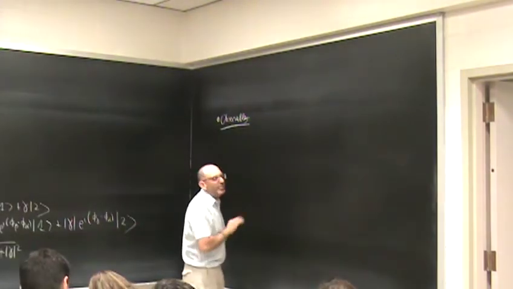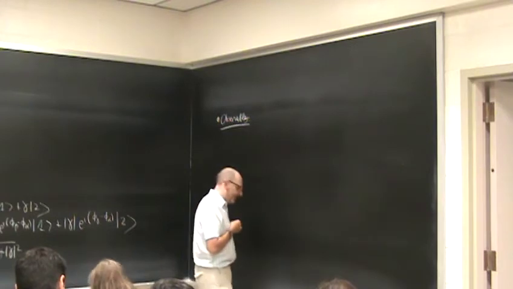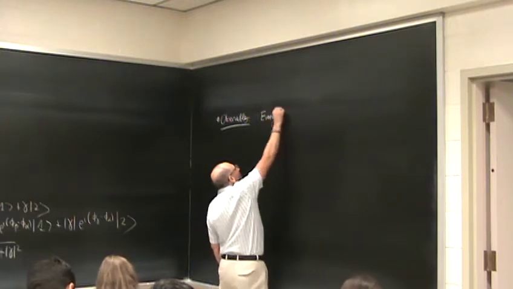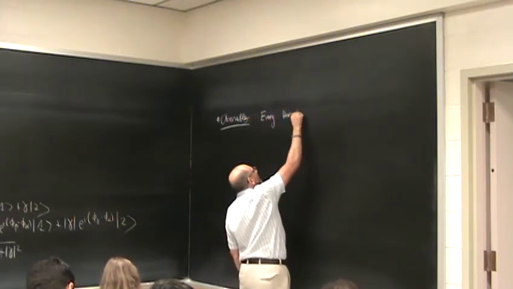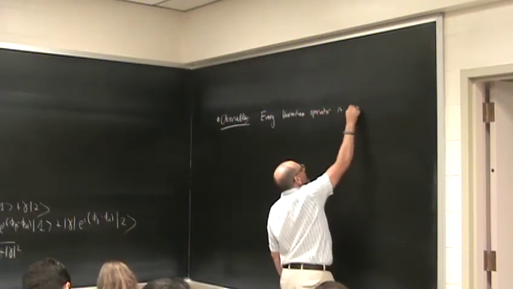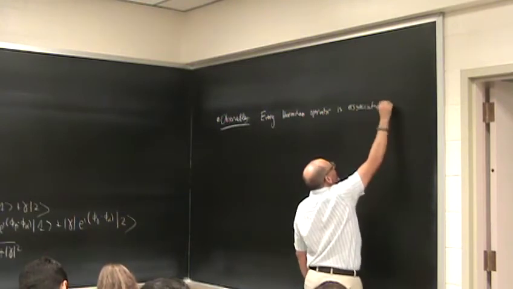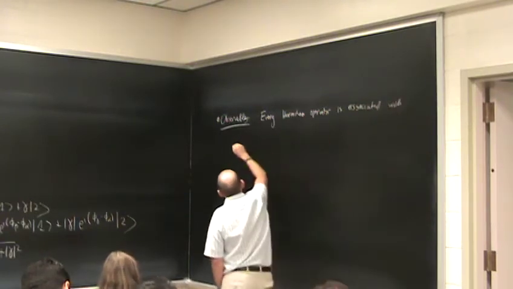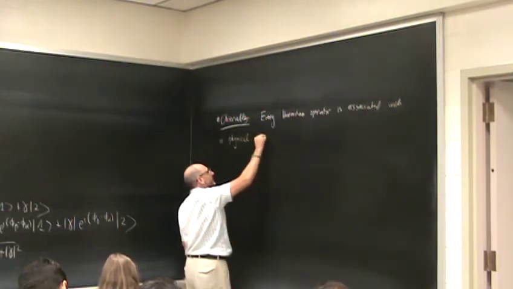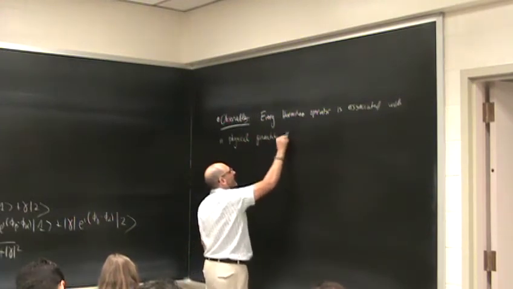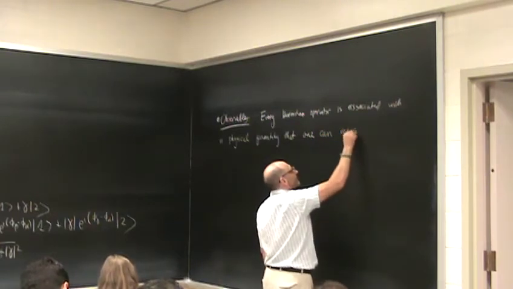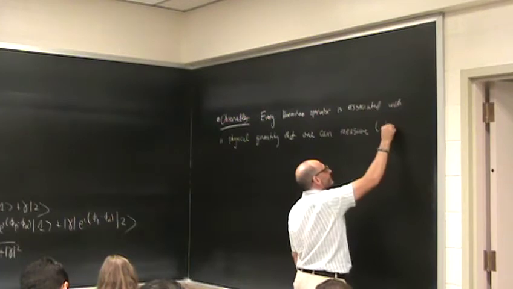What the Copenhagen interpretation says, I'll state it in a slightly different way than my typical statement: every Hermitian operator is associated with a physical quantity that one can measure, i.e. observe.